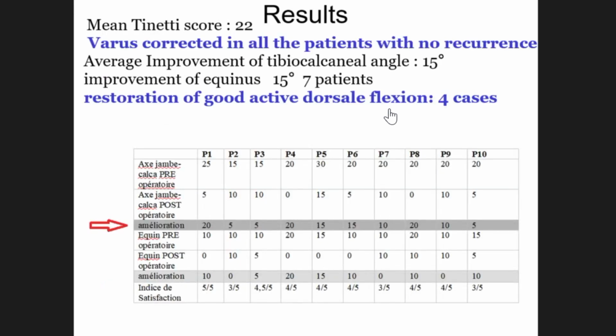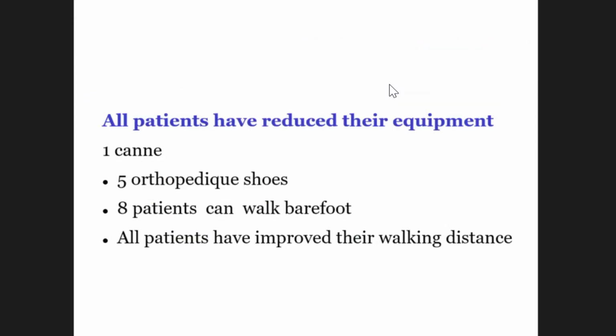So the results were good correction of the varus in all the patients with no recurrence. We observed restoration of good active dorsiflexion in 4 cases. Improvement of equinus was 15 degrees, and average improvement of tibio-calcaneal angle was 15 degrees.